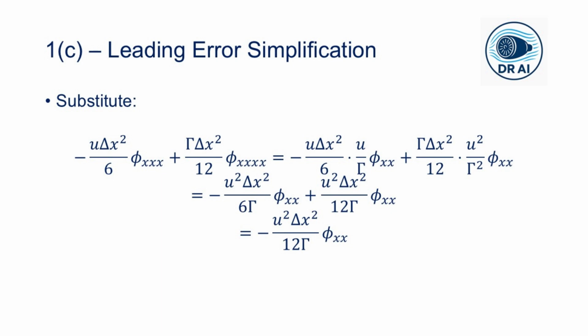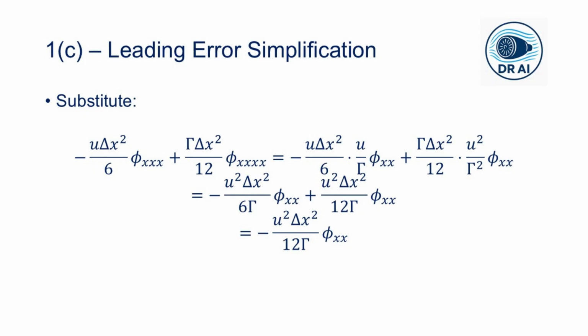The second term becomes positive u squared delta x squared divided by 12 times the coefficient times the second derivative of psi in x. So adding them gives minus u squared delta x squared divided by 12 times the coefficient times the second derivative of psi with respect to x.